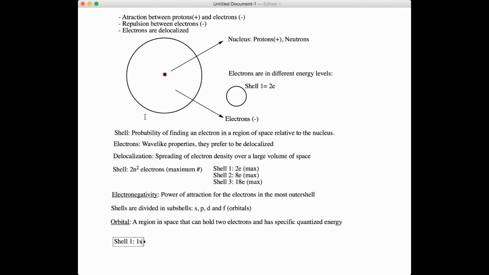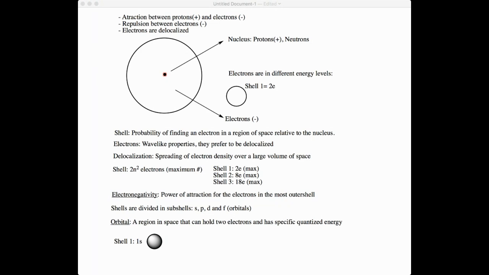And that orbital, we are going to call it 1s. So it's a 1s orbital. That's what we're going to call it. 2 electrons max. And the shape of a 1s orbital is a sphere. And that's something we will see later on, but in organic, we also go over this. So S stands for sphere. Okay, that's the reason why. And you may ask yourself, why is this 1s orbital a sphere?